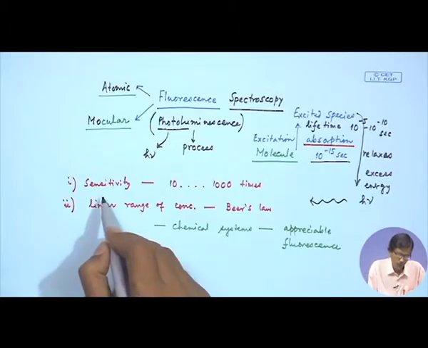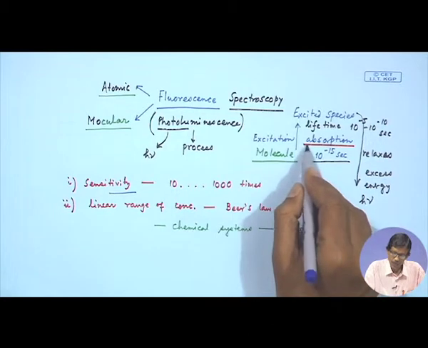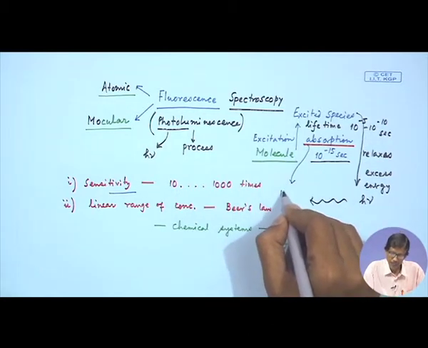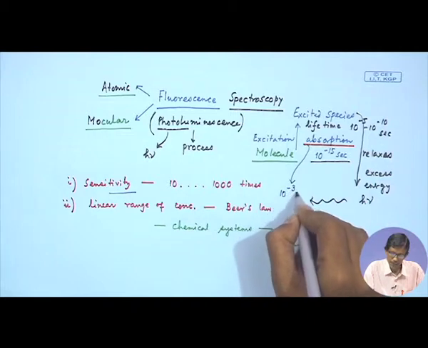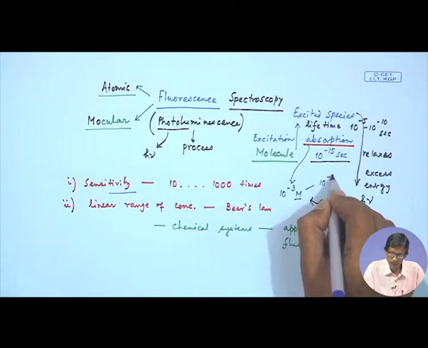Because we are talking in terms of sensitivity. With the electronic absorption spectrometric method, we have seen that we can have a concentration range of 10 to the minus 3 molar to 10 to the minus 5 molar.